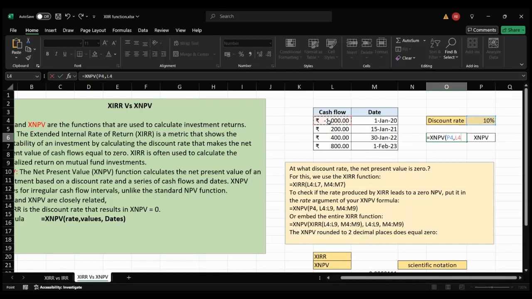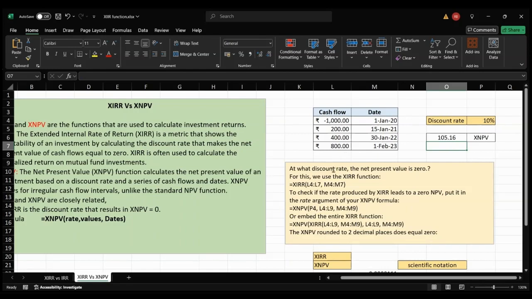And now we'll select the values, which is the range of cash flow, comma, and then we'll select the dates. So the XNPV value is returned as 105.16.